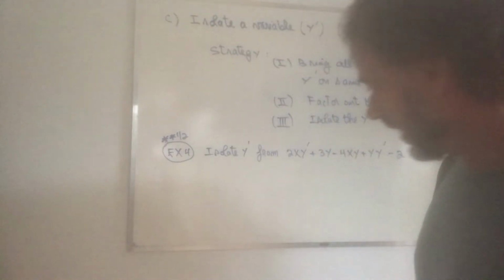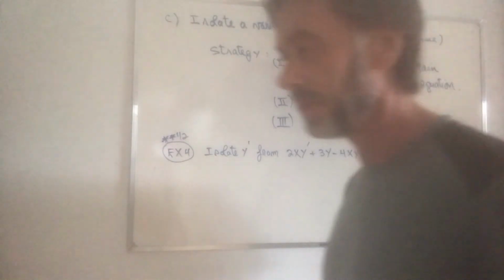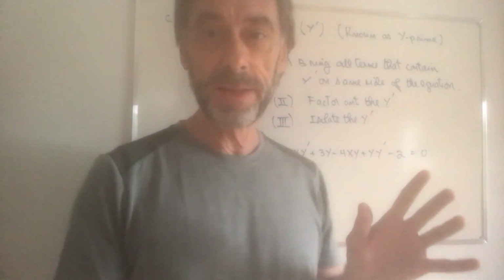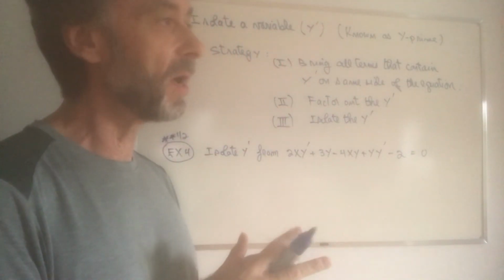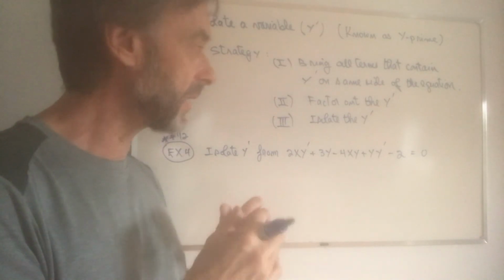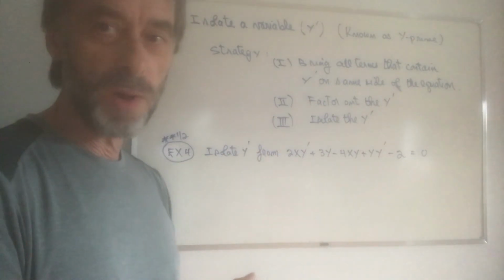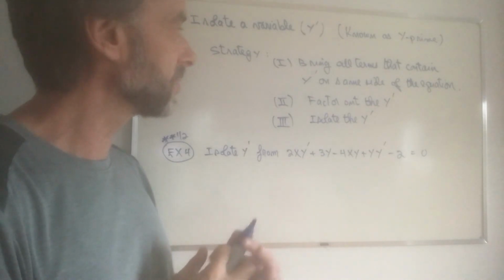That looks a little intimidating, doesn't it? This type of expression. And yet it is something that actually comes straight out of a calculus example. It's not really difficult to isolate the y prime out of here if we follow the guidelines over there.